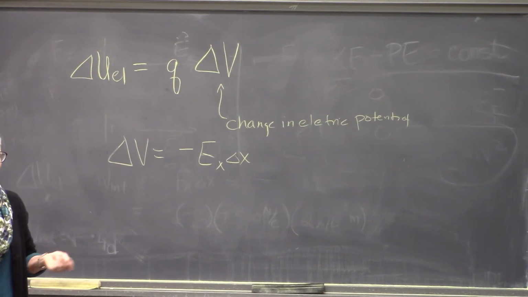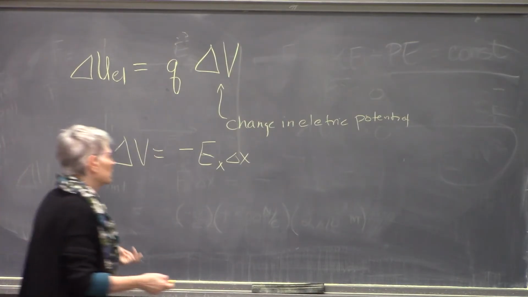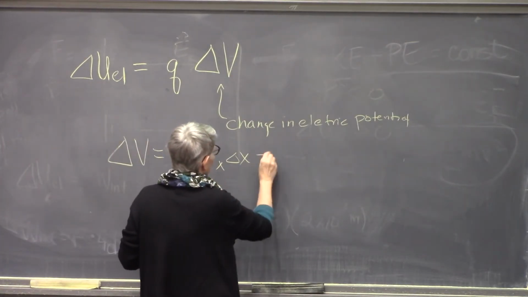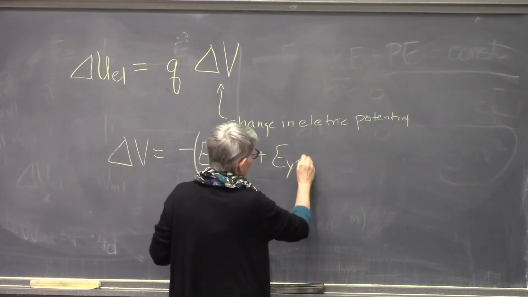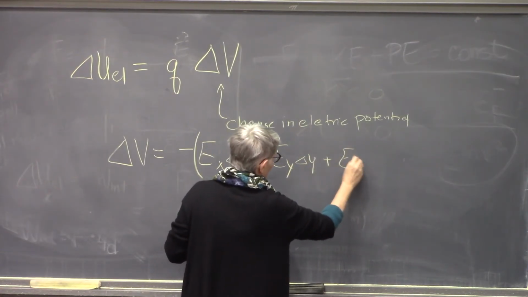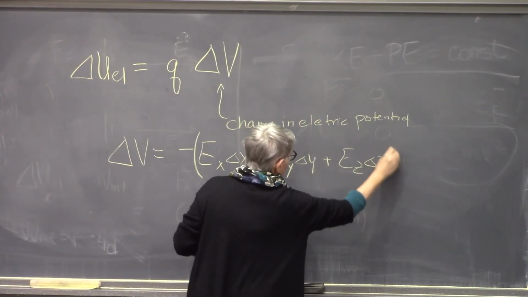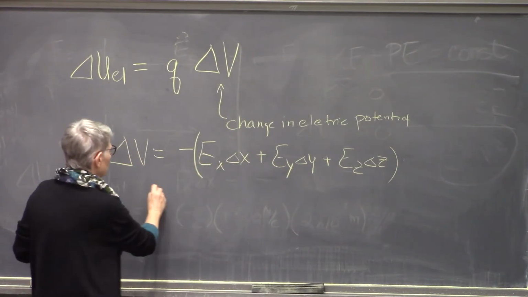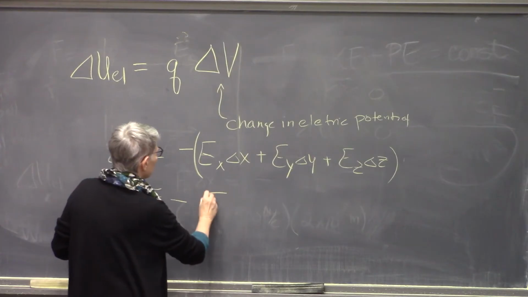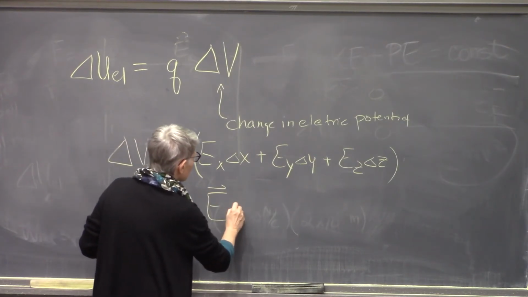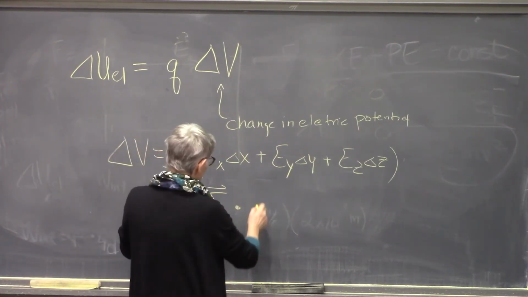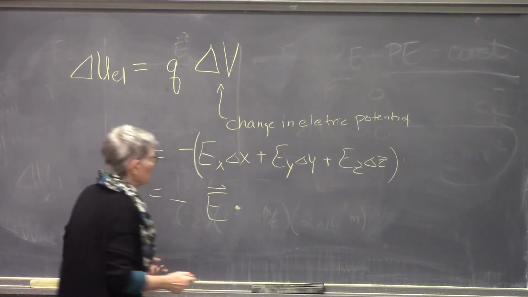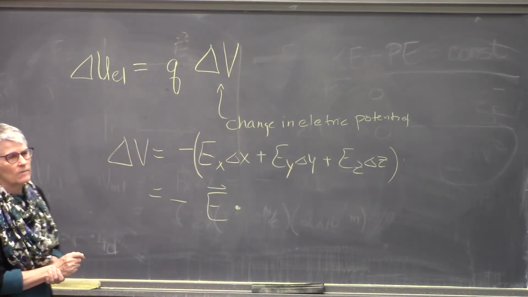So what would happen if it was in the y direction? We get the same thing in the y direction. So the change in electric potential is the negative of the dot product of the vector E times delta x, delta y, delta z.